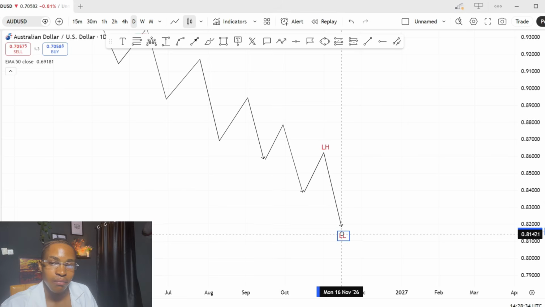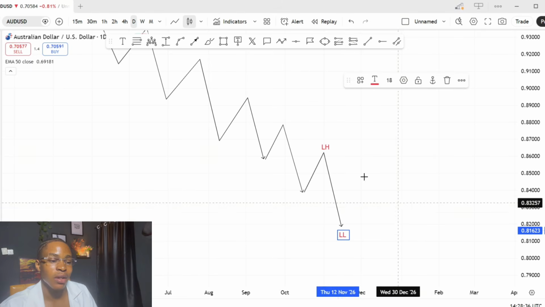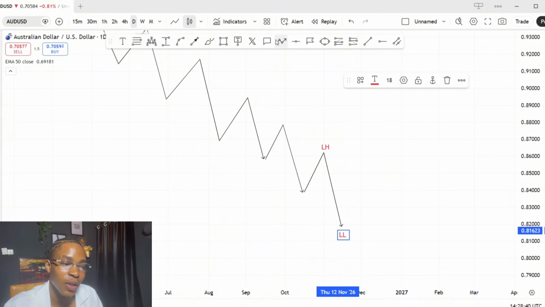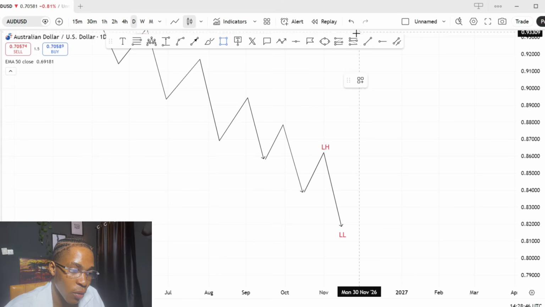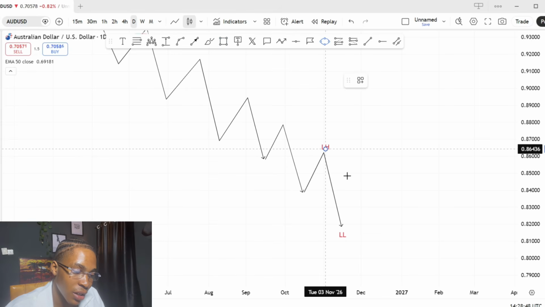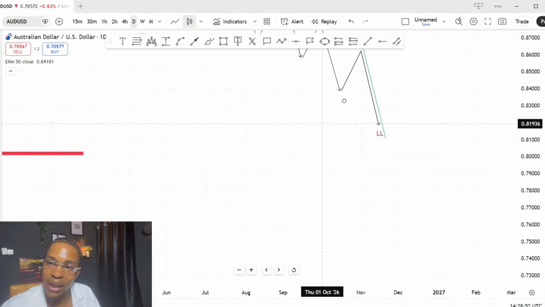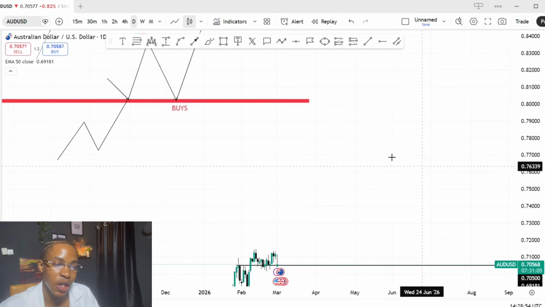Does that make sense? So lower high, lower low. We profit from the lower high to the lower low. This is where you will make money, from here to here. This is basically the simplest way to explain trading.